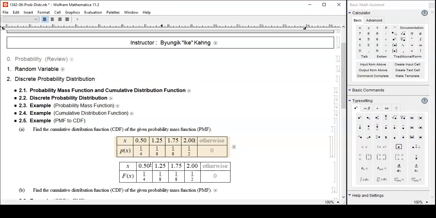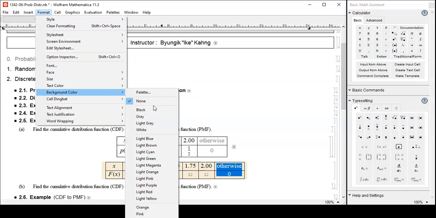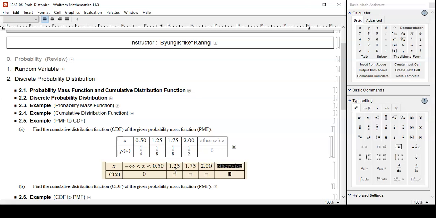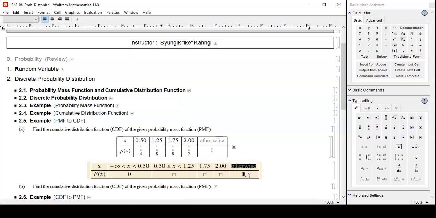So we start from less than 0.5. And then like this. And always begin from 0 because nothing was added. Now between 0.5 to that, what's happening here?